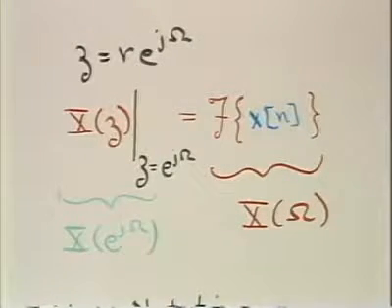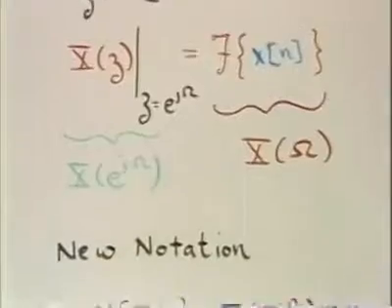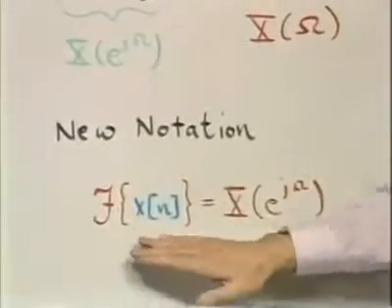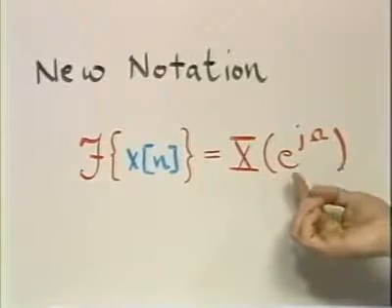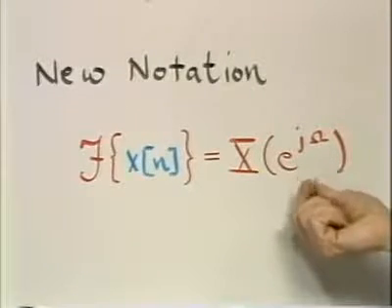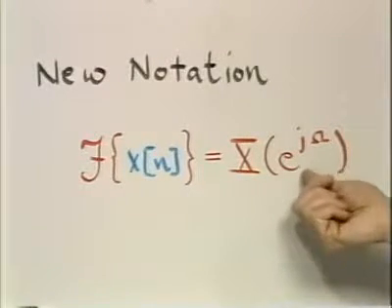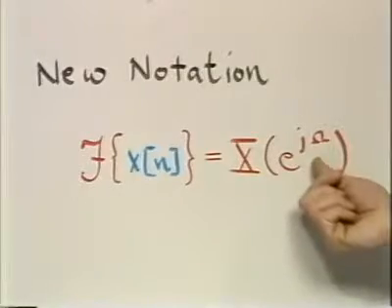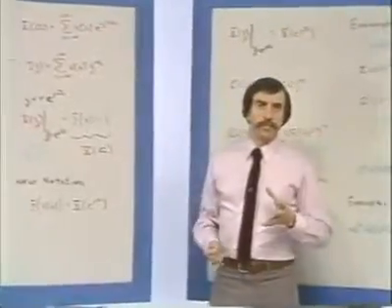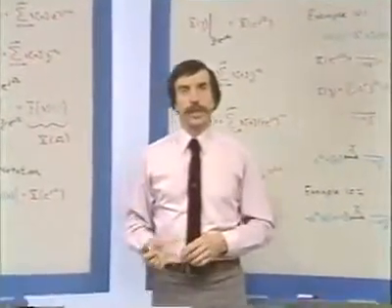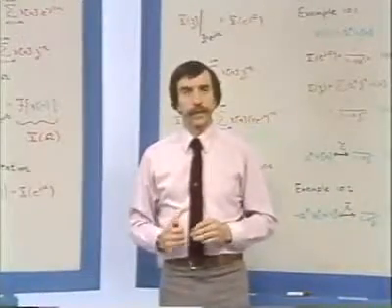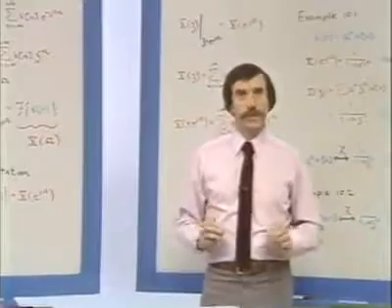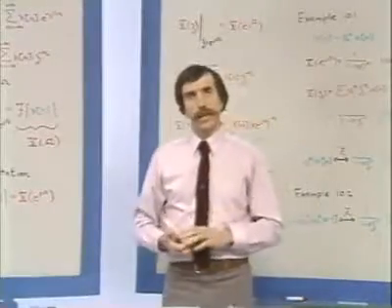So just summarizing that, our new notation is that the independent variable on the Fourier transform is now going to be expressed as e to the j omega rather than as omega. It's a minor notational change, but I recognize that it's somewhat confusing initially and takes a few minutes to sit down and get it straightened out.